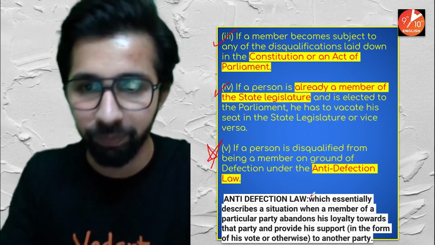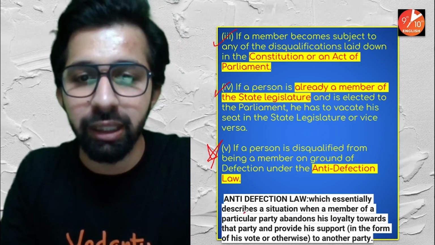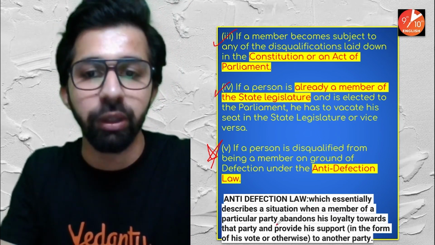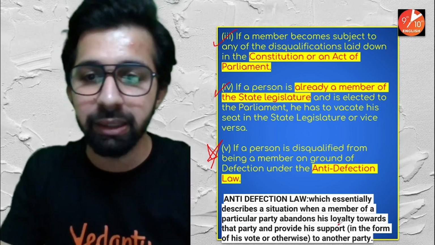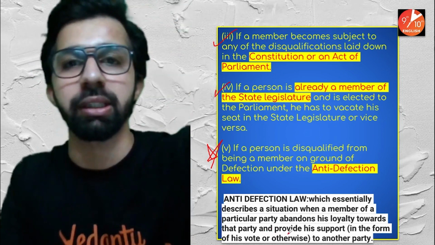Let's understand. Anti-defection law essentially describes a situation when a member of a particular party abandons, means leaves, his loyalty towards that party and provides support to another party.